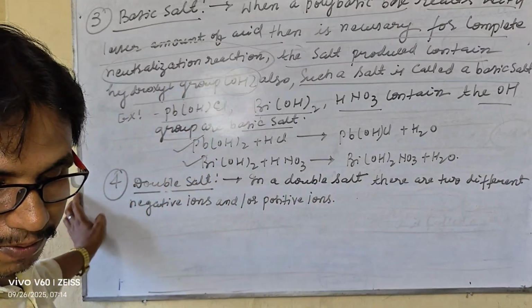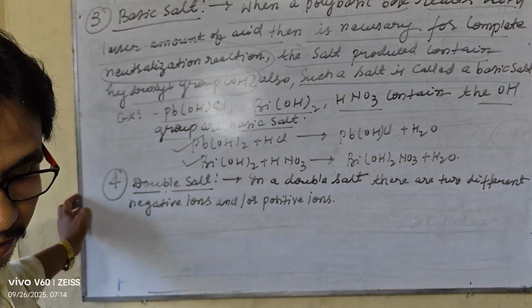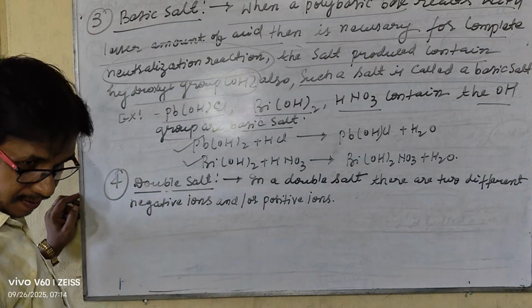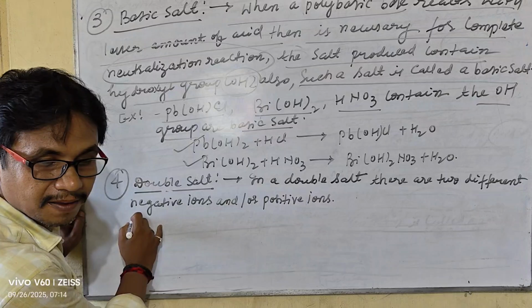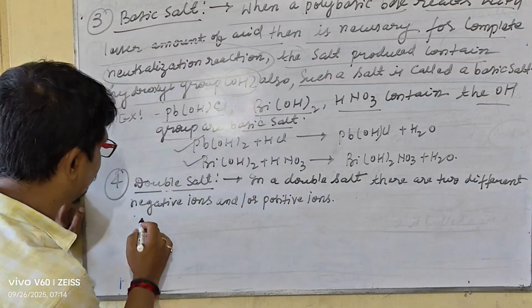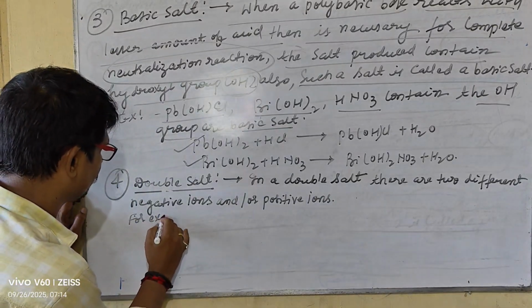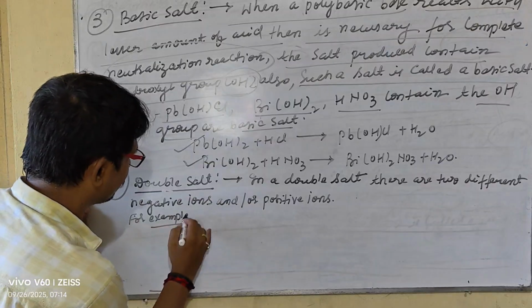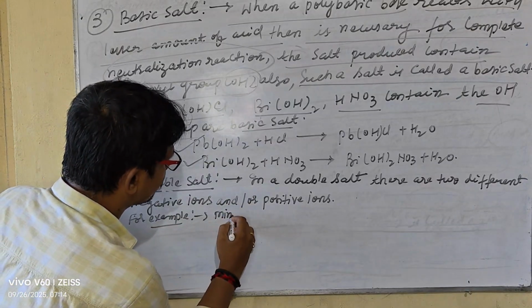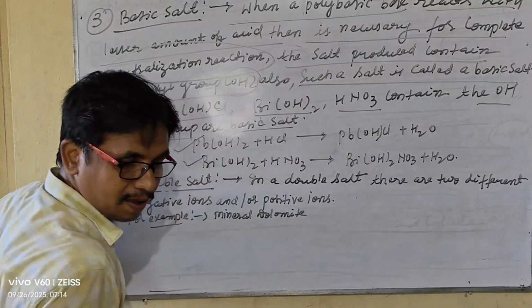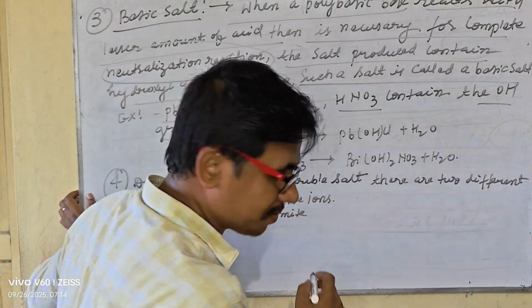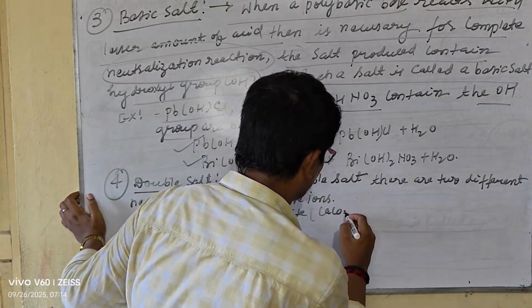For example, the mineral dolomite, CaCO3·MgCO3.